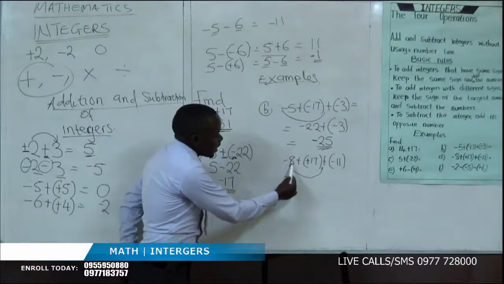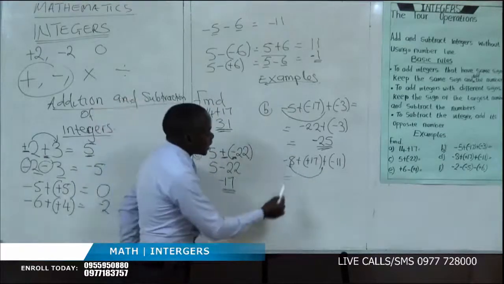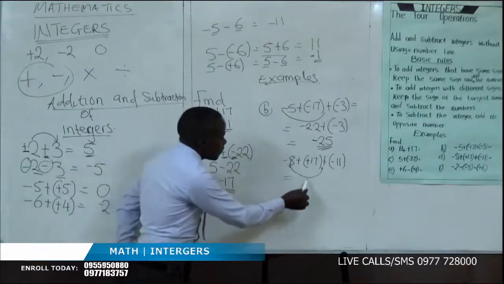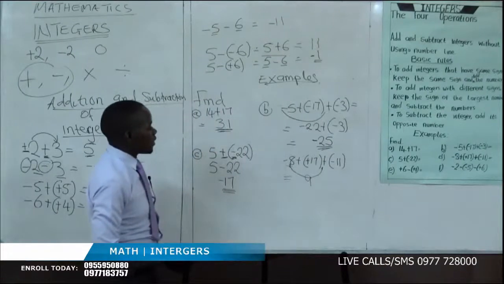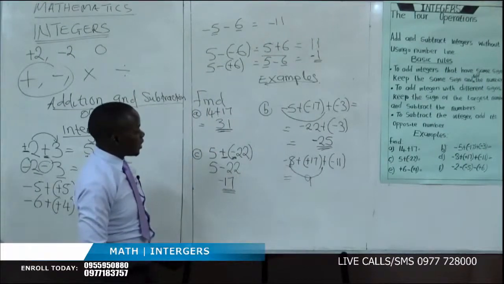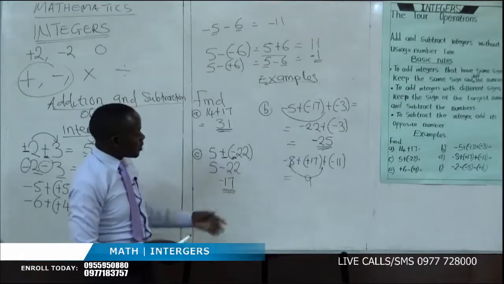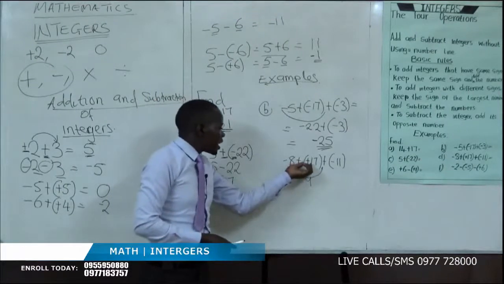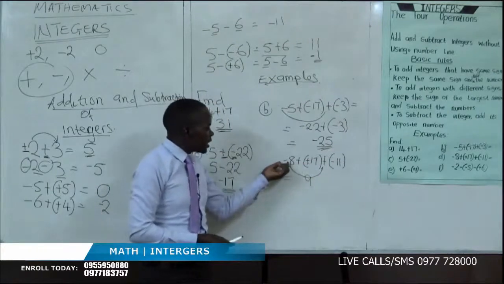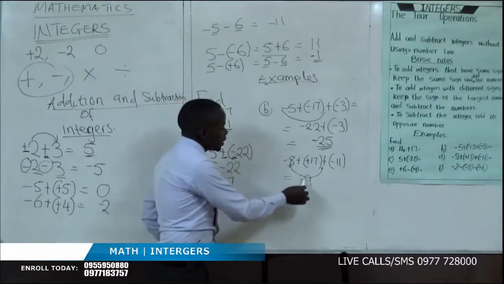So we subtract 17 minus 8, which is 9. Okay? Now, you have got 9 there. Now when you look at it, is this positive or is this one negative? So you find that 17 has got positive, 8 has got negative. So you are going to carry the sign of the bigger number, which is this one.